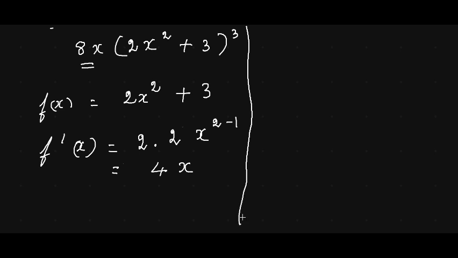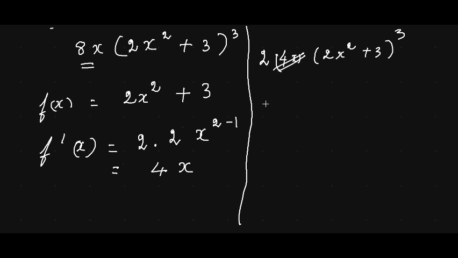Okay, good. So what I can do is say that's equal to 2 into 4x, which is f prime of x, correct? And that multiplied by 2x squared plus 3 the whole cube. So therefore I can ignore this.